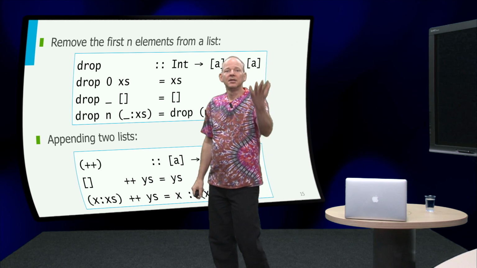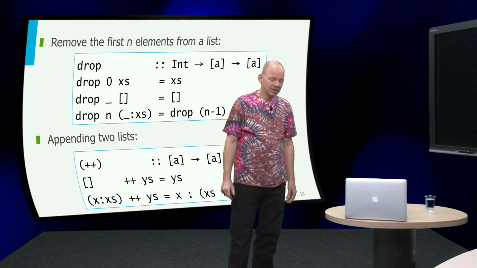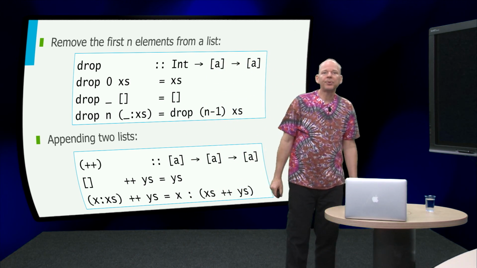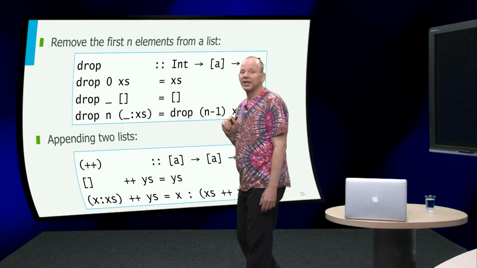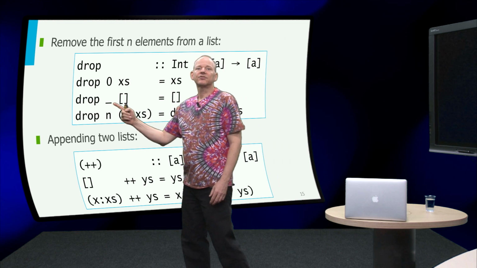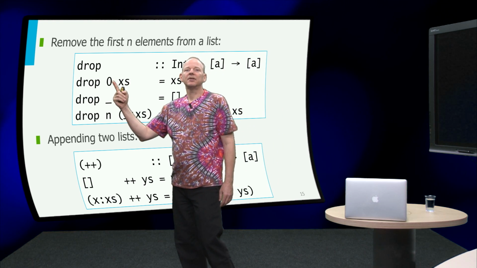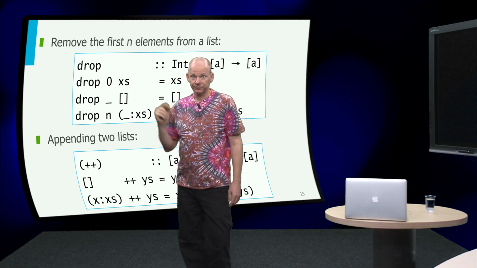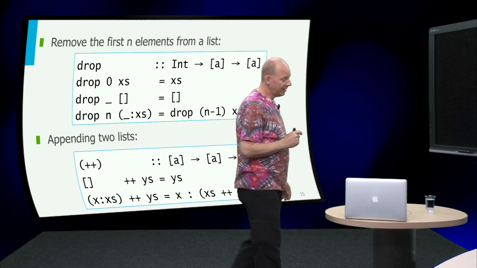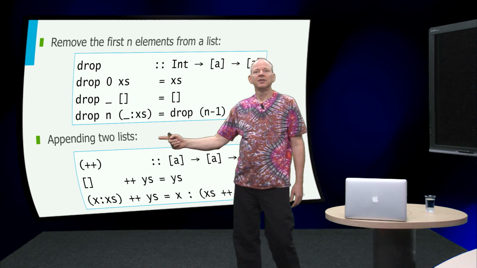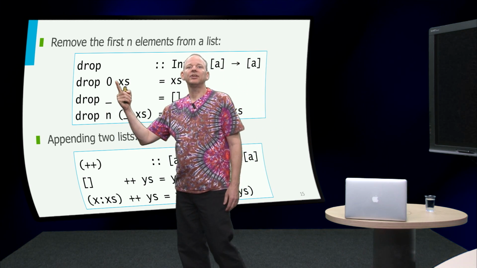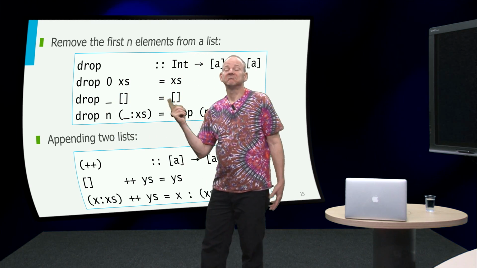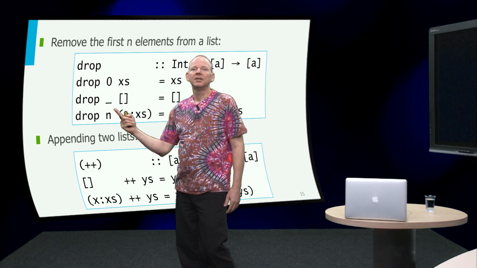Good. A few more functions. Drop takes an integer and a list and returns a list. What this is doing is recursing over both the integer and the list. When we say we want to drop 0 elements from a list, that's the same list.